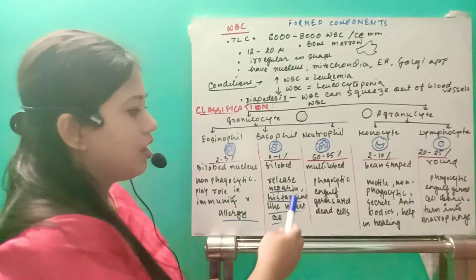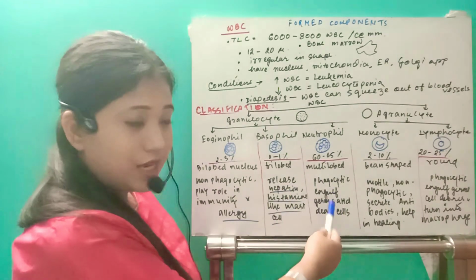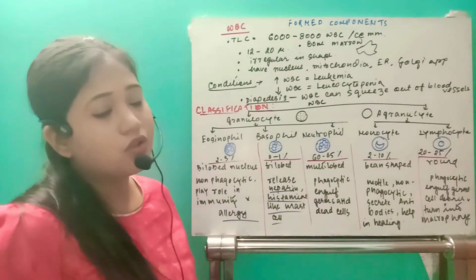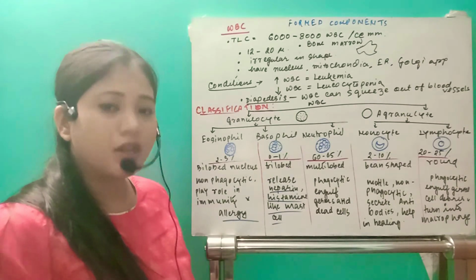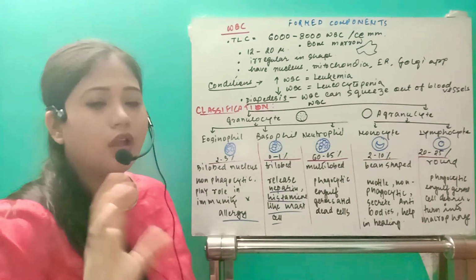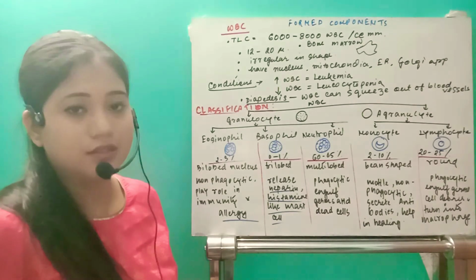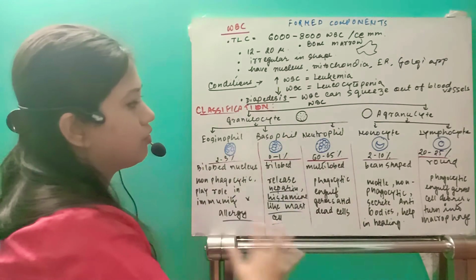That's why it is phagocytic in nature. It will engulf the germs also, and it will phagocytose the dead cells of our body itself. So these are the functions of the granulocytes.